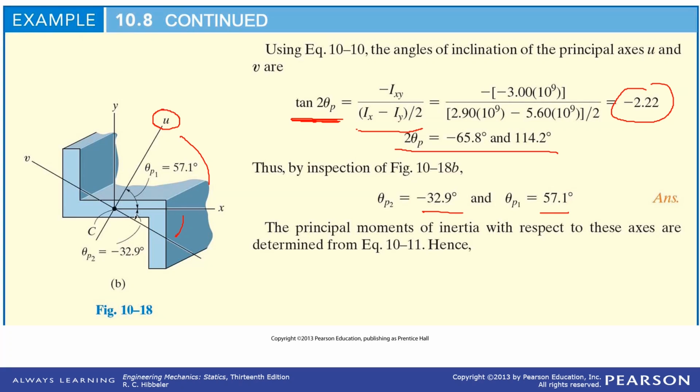Most of the mass is around the v-axis. Remember, it's mr squared, and the distance squared has a big influence. Most of the mass is near the v-axis, and it's furthest away from the u-axis. So I think u is going to be where I max is, and v is going to be where I min is. Next slide.